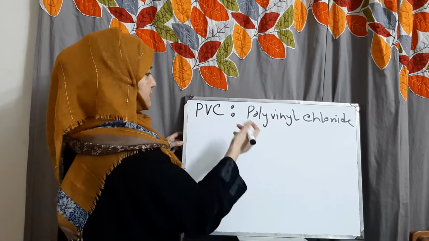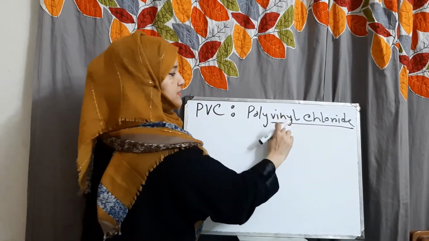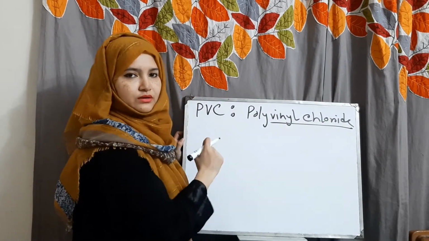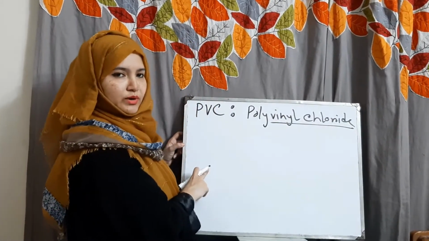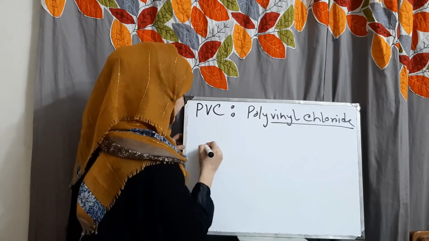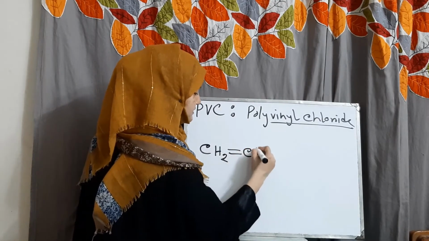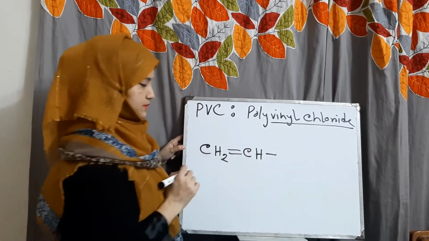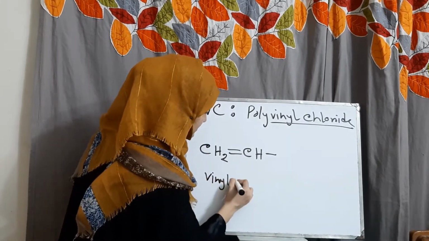Okay, and for this we need vinyl chloride. Here vinyl chloride is the monomer, and the polymer is polyvinyl chloride. Which is vinyl chloride? At first we have to know that this is the vinyl group. This is called the vinyl group.